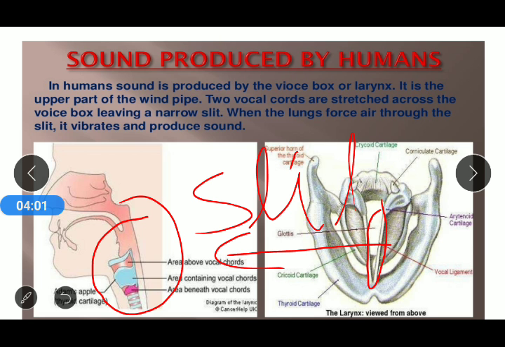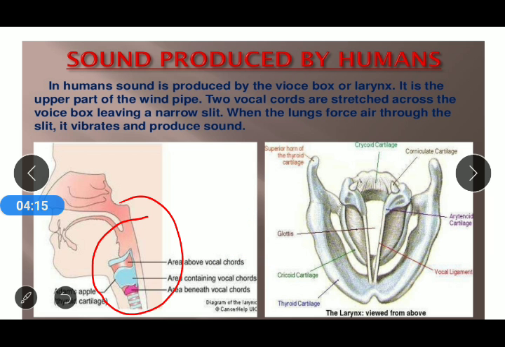When the lungs force air through the slit, it vibrates and produces sound. What is the meaning of that? It means that when air passes through that gap, when the lungs push the air, the vocal cords vibrate.